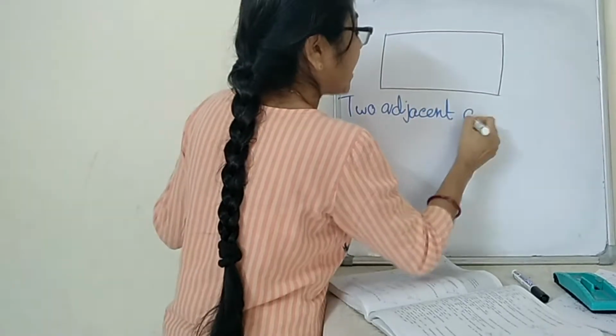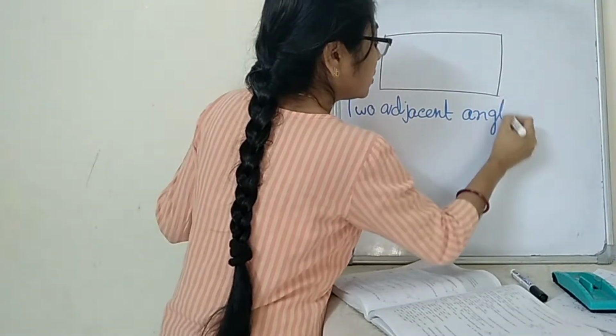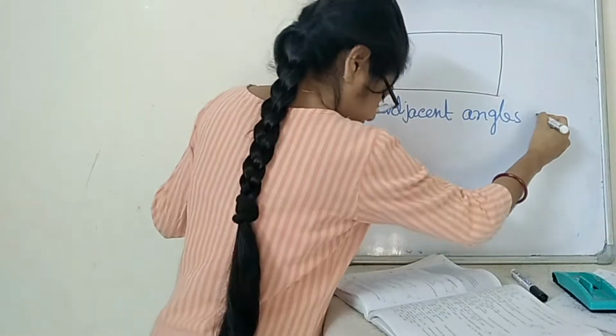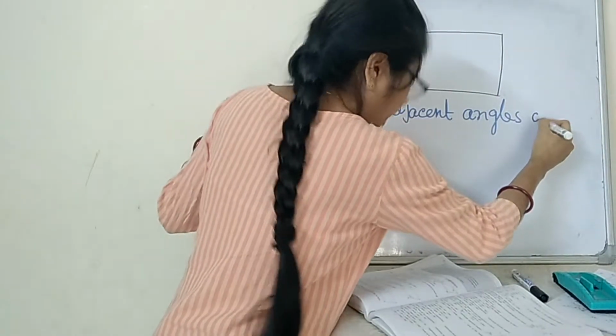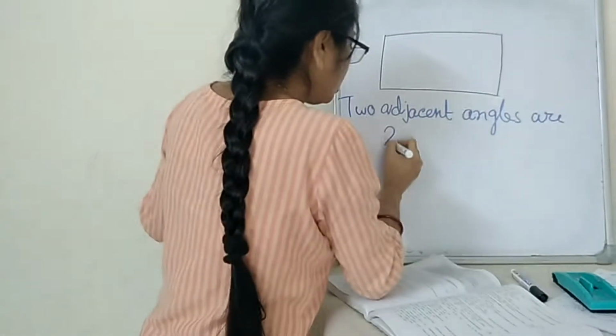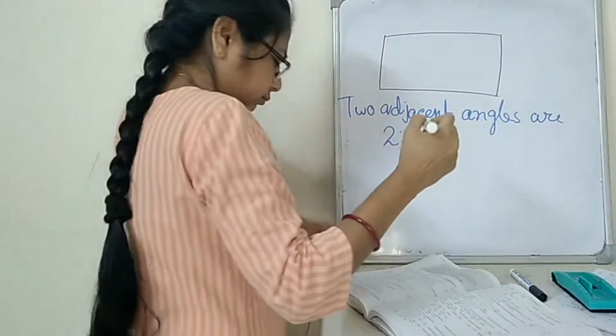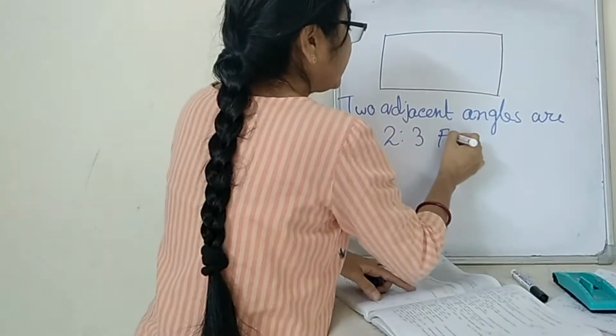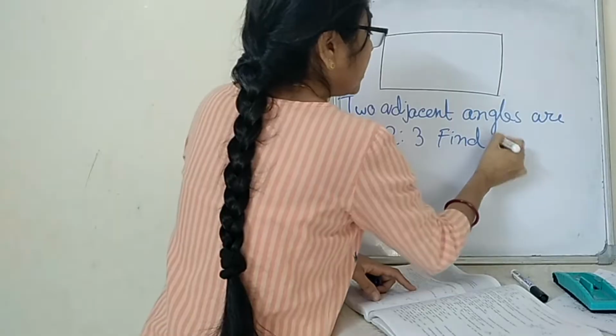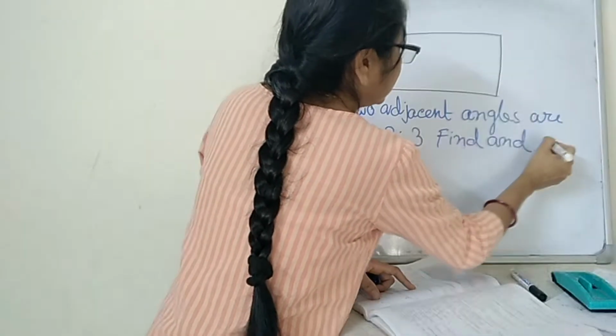Two adjacent angles of a parallelogram are in the ratio 2:3. Find and measure the angles.